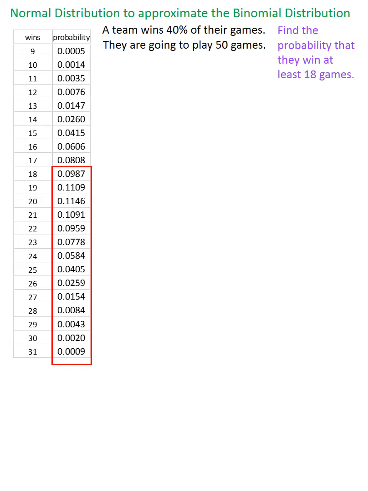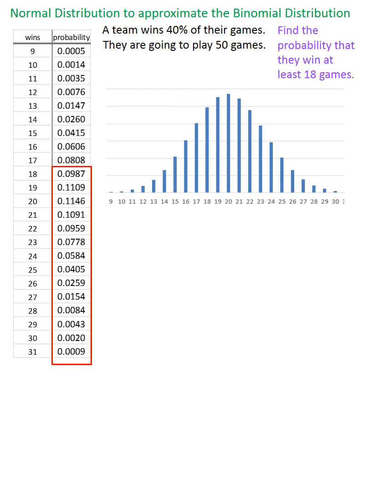And so, consider the following situation. If we were to graph all of the probabilities in this table, we'll notice a familiar shape. The distribution looks very much like a normal distribution.